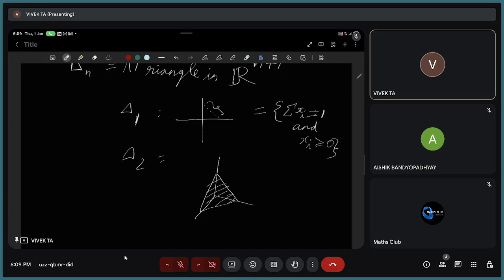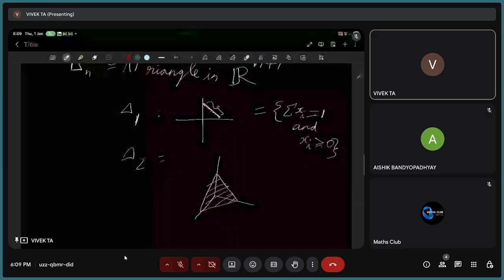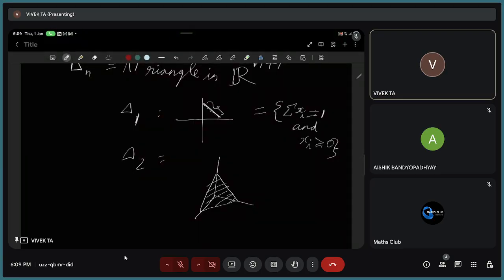That's it. This is how I define it. Graphically, it looks like this. So if you have delta 1, it will be x1 plus x2 equal to 1. So that will be this line. But you want both of them to be positive, so it will be just this horizontal segment. So delta 1 is a line segment.